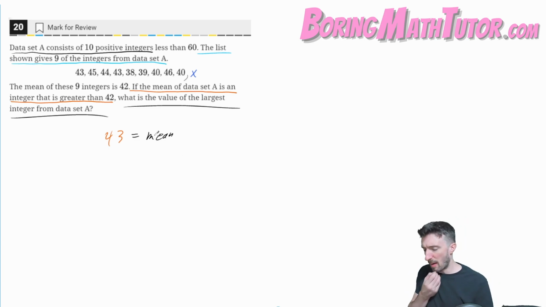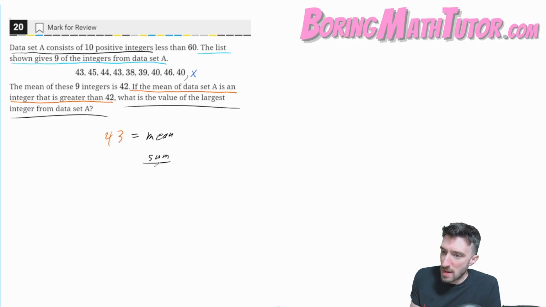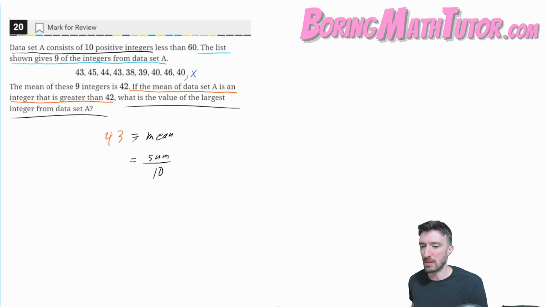Okay, but a mean is equal to a sum divided by the number of numbers that you summed. So in this case, it would end up being 10. So that means the sum over 10 has to equal 43.